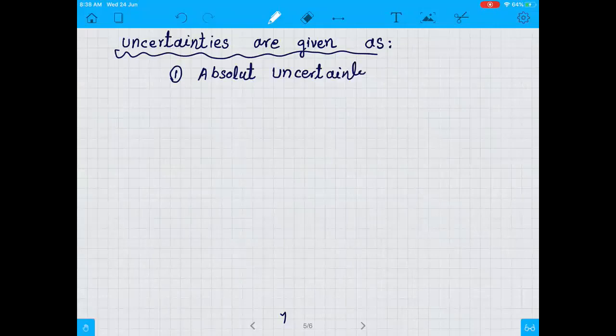Just for example, we have a quantity x, it would be given as x plus minus delta x. Let's suppose x is 10 and the uncertainty is 1. Now this uncertainty is called the absolute uncertainty. You can understand absolute uncertainty as the uncertainty in the actual data value.